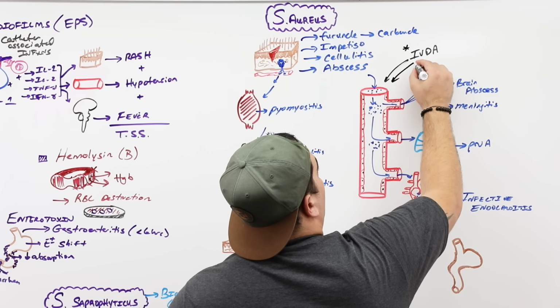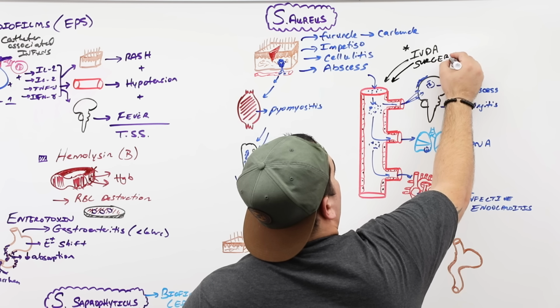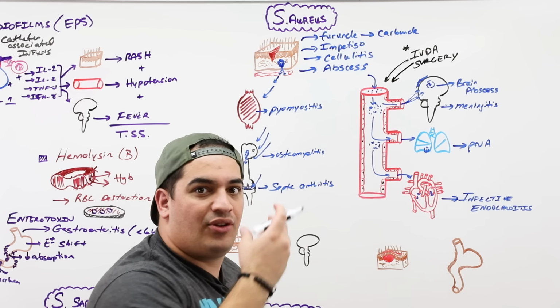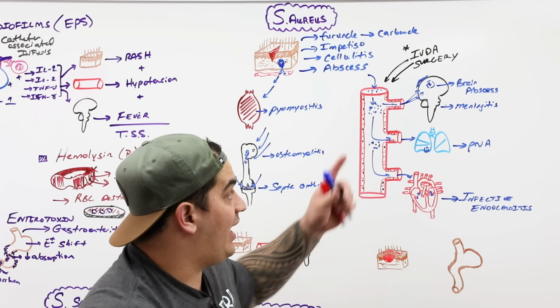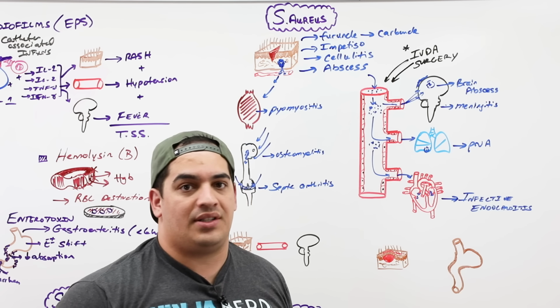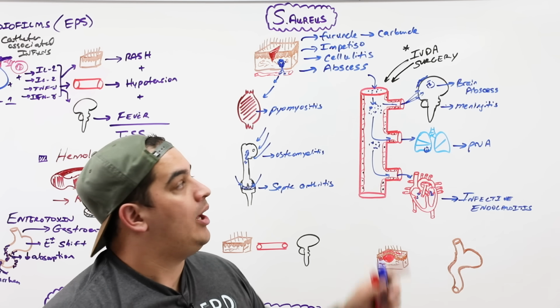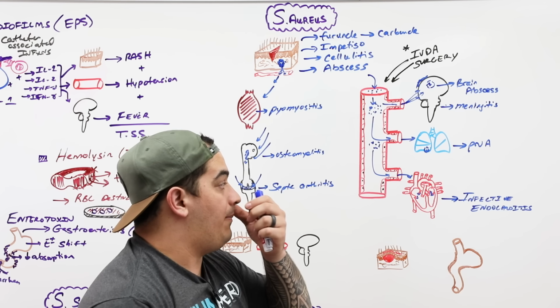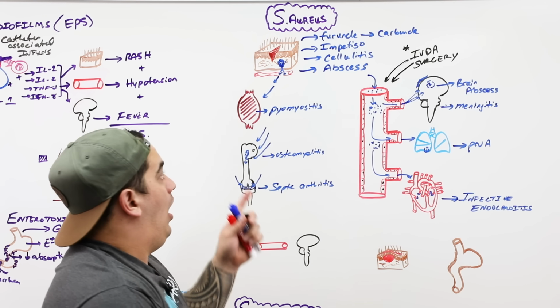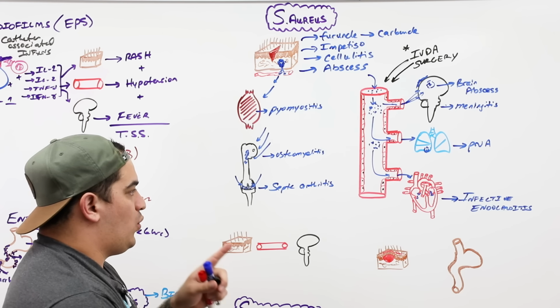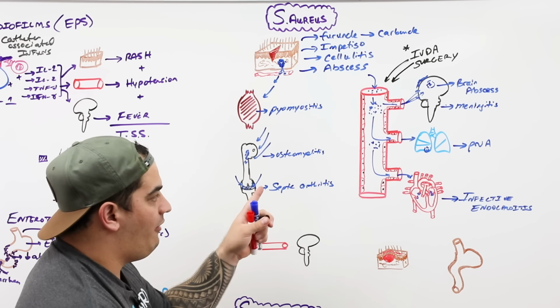And another thing is some kind of surgical procedure, any kind of surgery, maybe dental work. Maybe you're actually opening up different areas and allowing for that Staphylococcus aureus to get spread. But please don't forget IV drug use is a big, big way by which Staphylococcus aureus can get spread. Okay? All right, those are the big infections that I want you guys to remember.